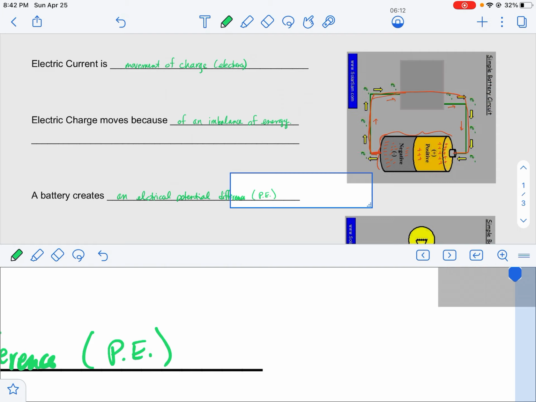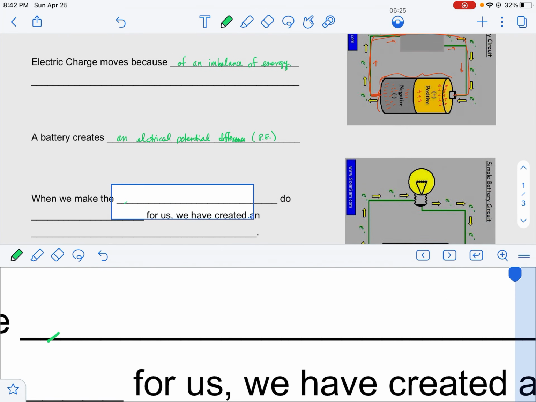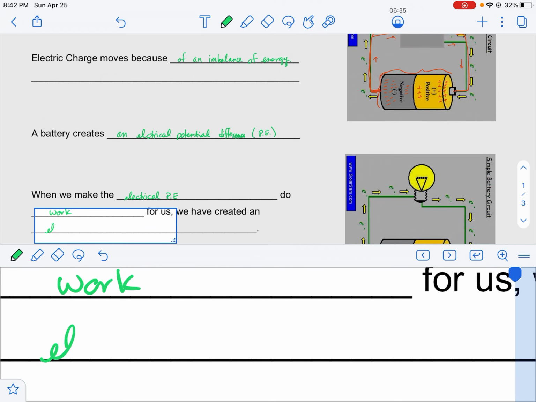So we know that there's gravitational potential energy when you lift something up off the ground. Well, there's also electrical potential energy that happens when you separate the electrons and the protons. Okay? So when we make that electrical potential energy do work for us, then we have created an electric circuit.